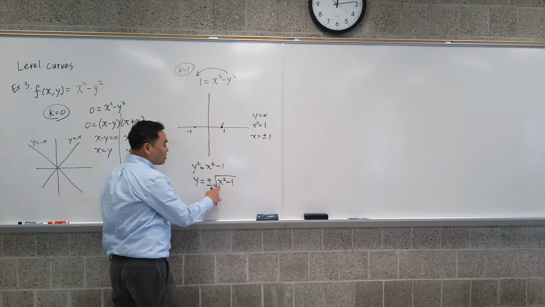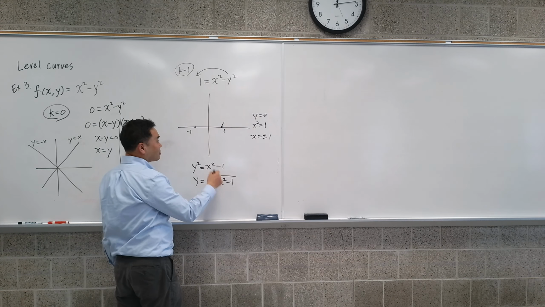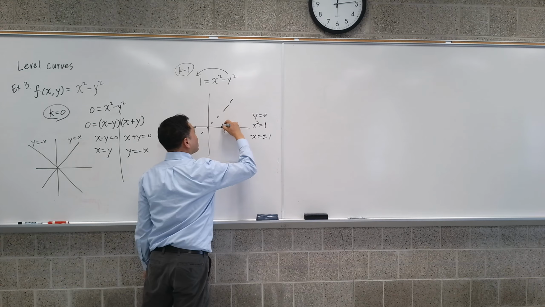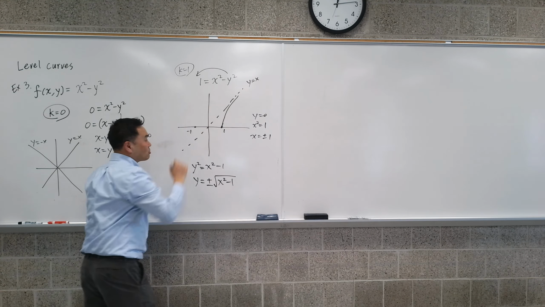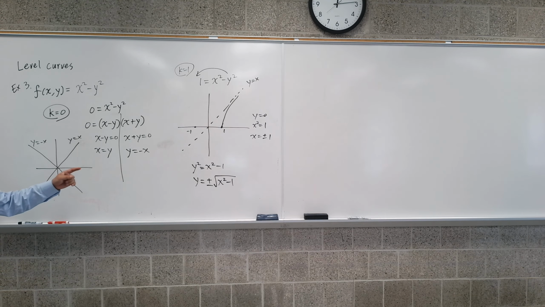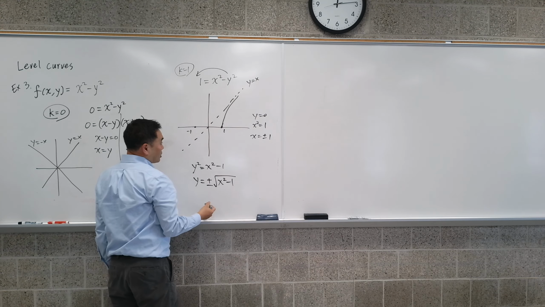But when x is really, really large, then this negative 1 is not much of a concern. So the graph gets closer and closer to y equals x. So y equals x is what's known as the asymptote, as it gets closer and closer.